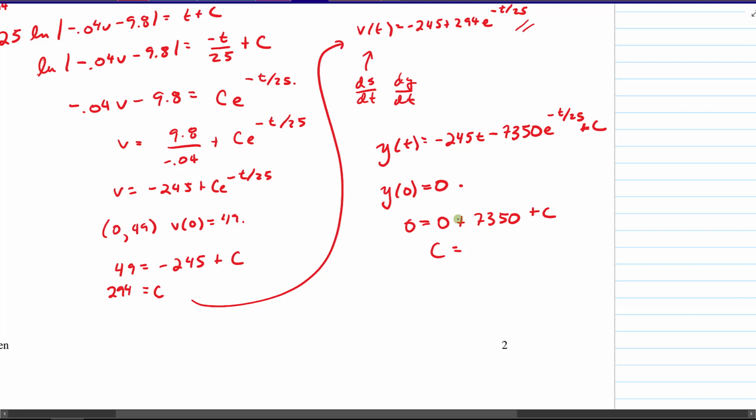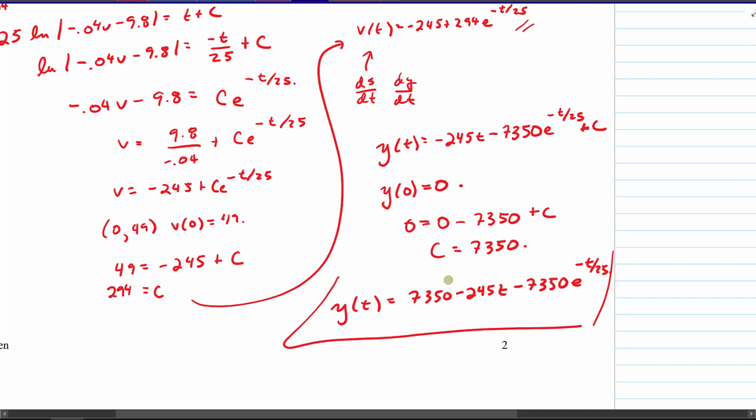So we would find that c is equal to 7350, and at long last we can give our position function: y of t is equal to 7350 minus 245t minus 7,350 e to the negative t over 25. And there at long last is our position function.